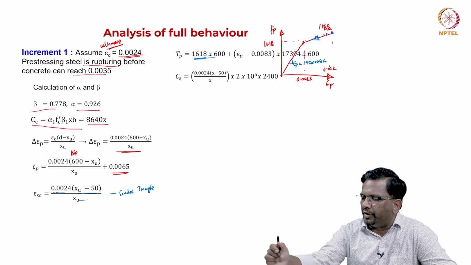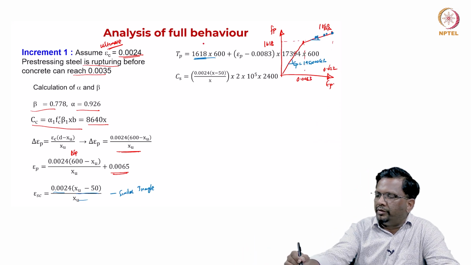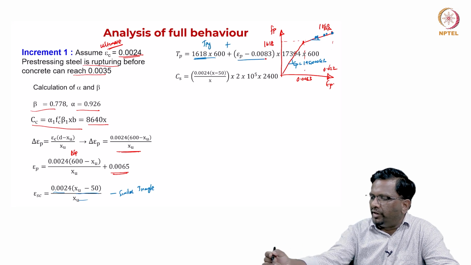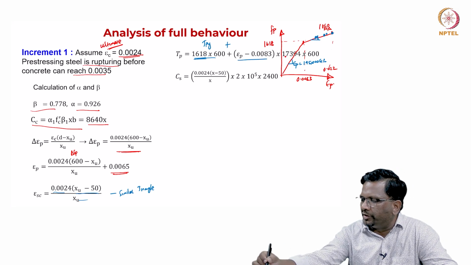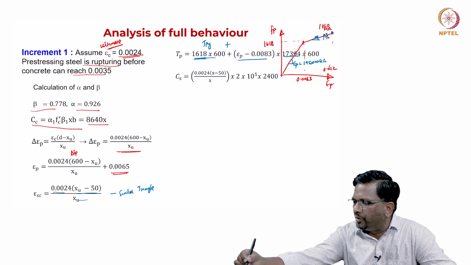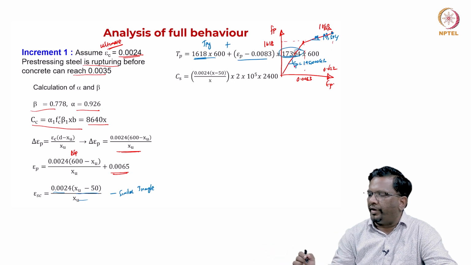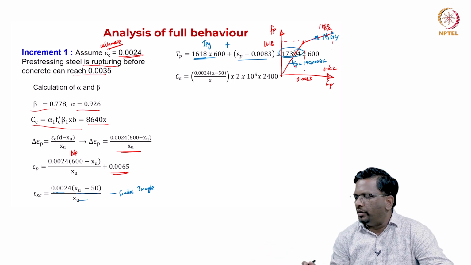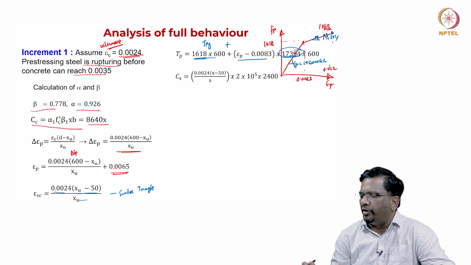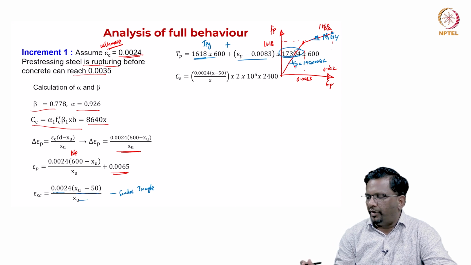So that is the reason this is your yield plus some additional strain multiplied by the slope. This slope is 17,394, right. So that is the reason this is only a fraction of what we take, roughly about 17,000, a little less than 10%, right.